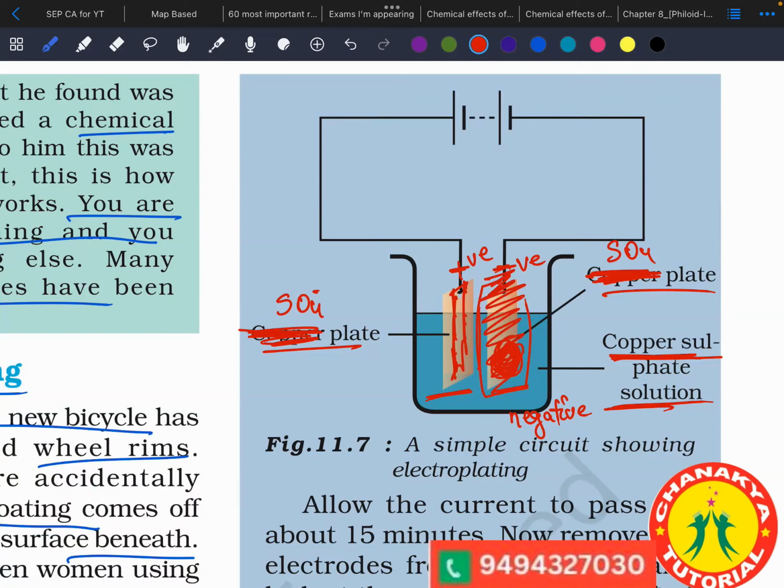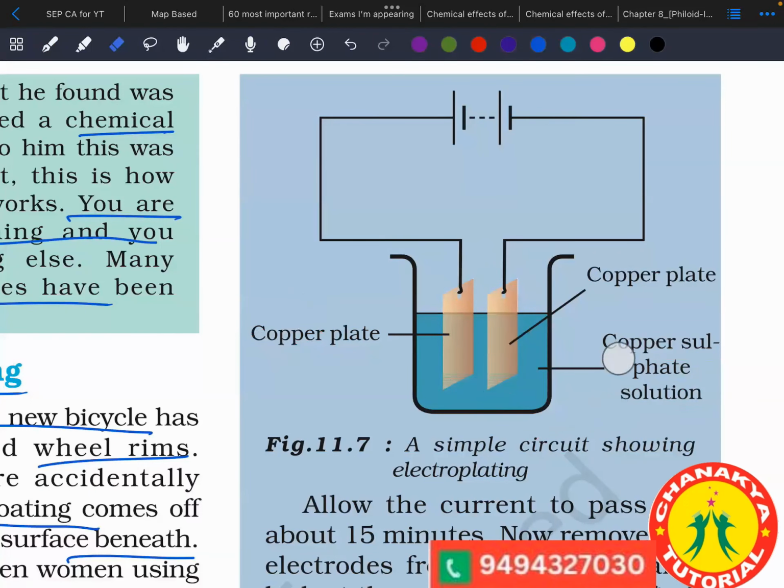Okay, but now let's say I'm taking a hypothetical sulfate plate, an SO4 plate. Sulfate plate is not actually used, but I'm taking it. What would happen now? Can you imagine? The material which is to be coated would be attracted towards the positive side. Perfect.